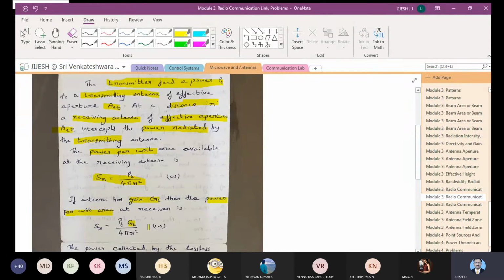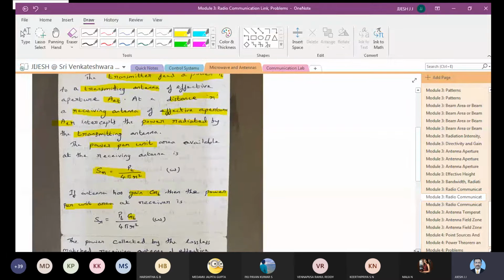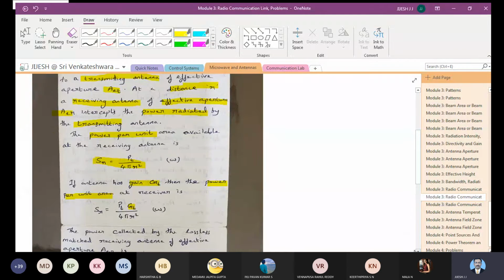So SR will be PT GT divided by 4 pi r square. Once you calculate SR in terms of GT, you can also add a few more terms like aperture and all those parameters, for the transmitted power and received power.